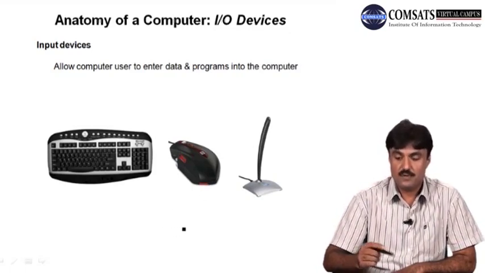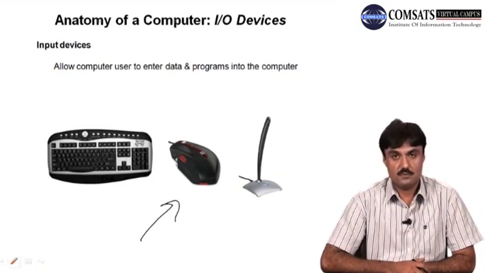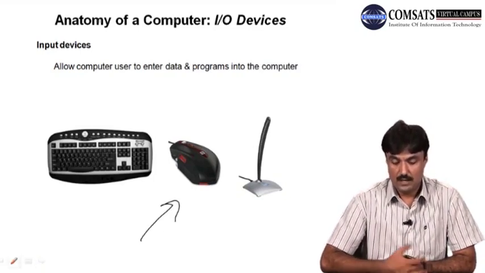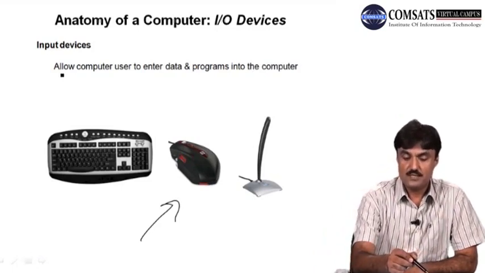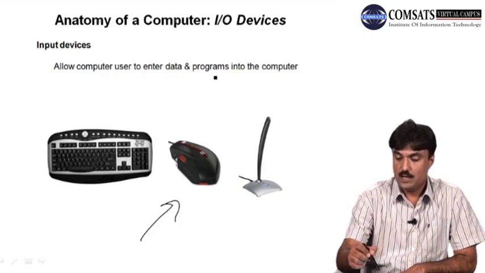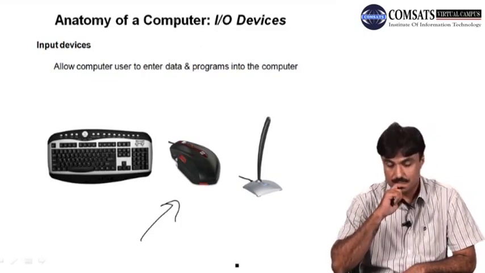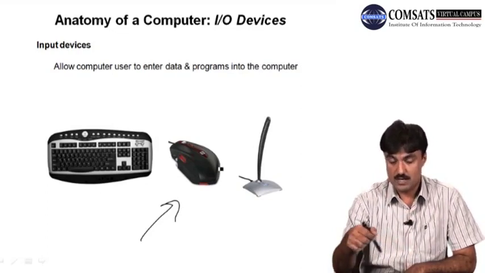These are called input devices. For example, right now I'm writing something, so I'm inputting data inside the computer. These input devices allow the computer user to enter data and programs into the computer.